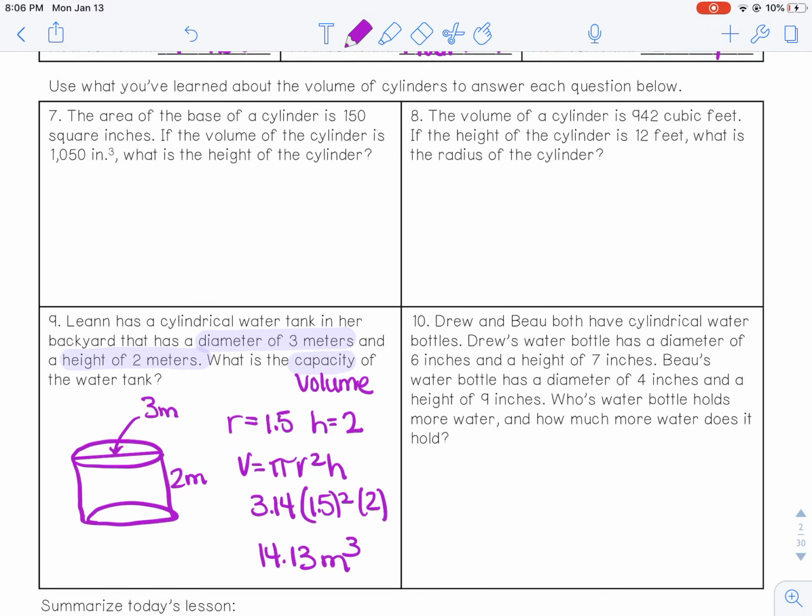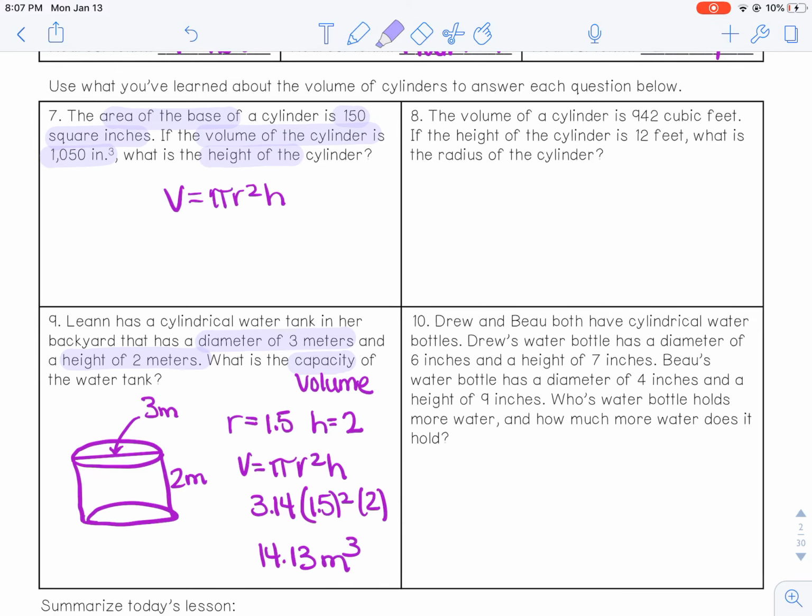7 and 8 get a little bit harder because it says the area of the base of a cylinder is 150 square inches. Okay, so area of the base, 150 square inches, and the volume is 1,050 cubic inches. We need to know what is the height of the cylinder. Okay, so my formula, V equals pi r squared h.